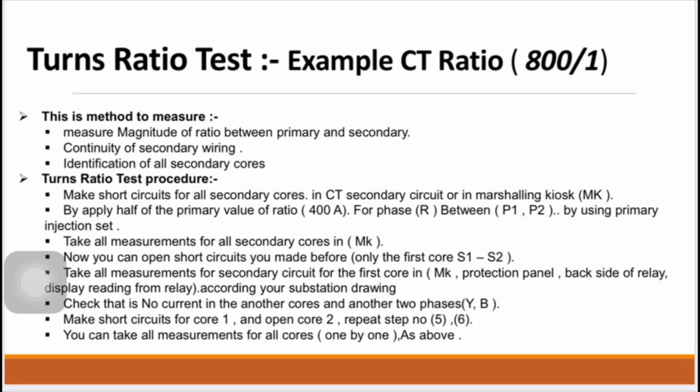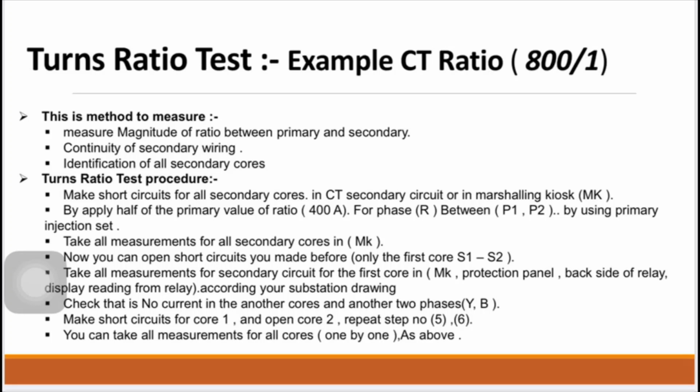To determine this, we give different loadings: 25%, 50%, 75%, 100%, or 120% or 110% loading. This is conducted by injecting high current, that is primary current, and measuring the secondary current in different locations.